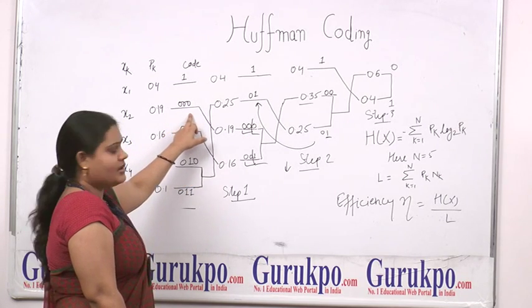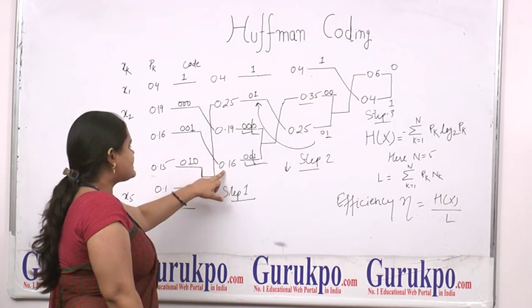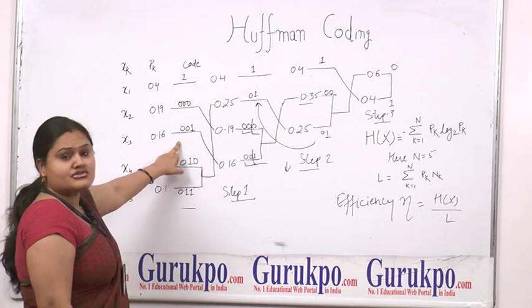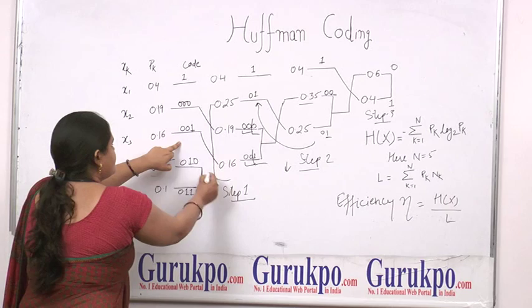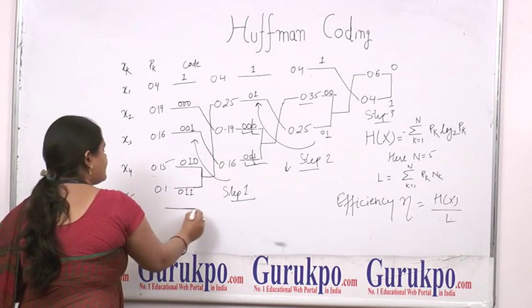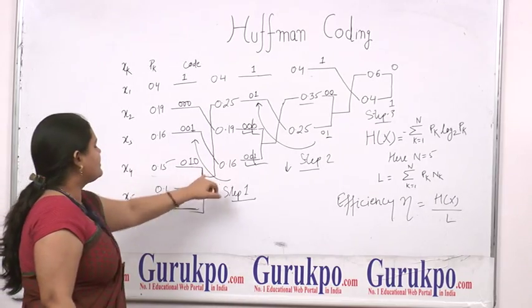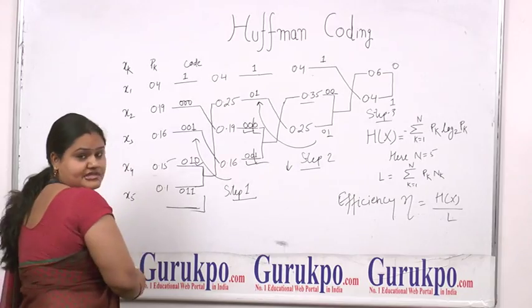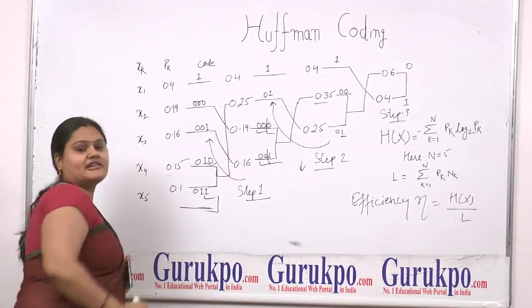The next value is 0.16; it is also not added, so we carry it directly. Here two values are added, so we put 0 and 1. For the higher probability it is 0 and for the lowest it is 1.